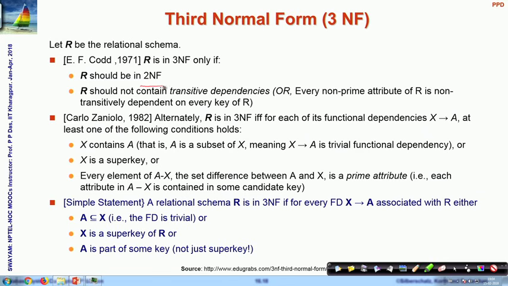The first thing which is true for everything is that it has to be in the second normal form, and it should not contain any transitive dependency, which means that if I have X determining Y and Y determining Z, then I should not have X determining Z, which can be inferred transitively, as you know, through Armstrong's axioms.